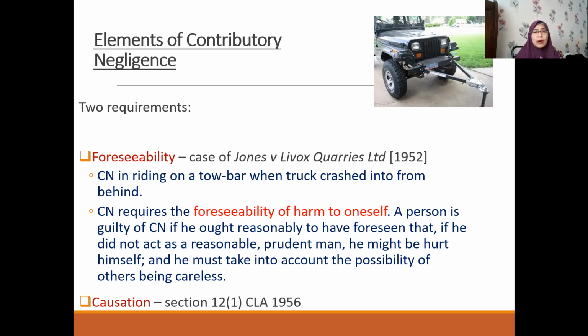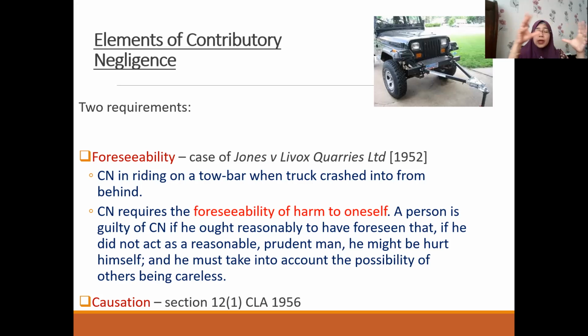And he must take into account the possibility of others being careless. That's what actually happened. Somebody was careless, that's why the truck crashed into him from behind. So he exposed himself to liability, something which is foreseeable. And the element of causation is derived from section 12, section 1, Civil Law Act, the one that we discussed just now.